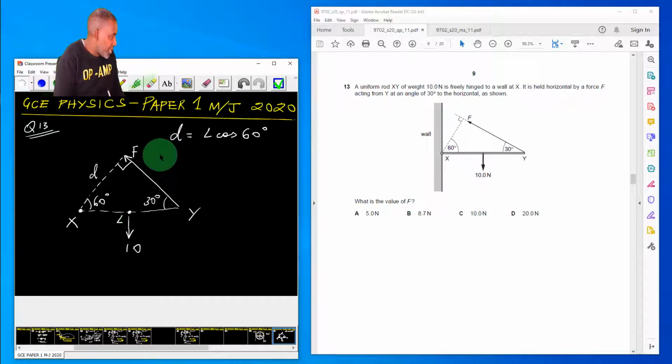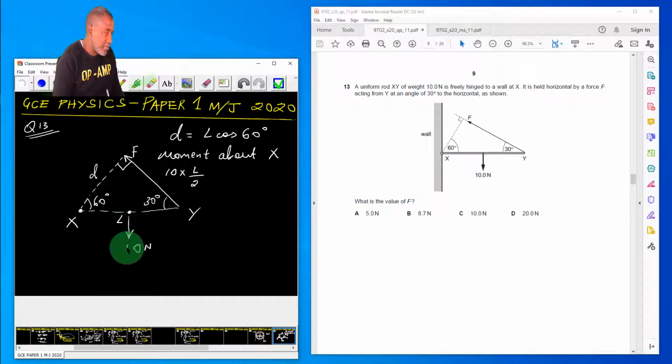So take moment. This one is important that you tell us you are taking moment about point X. The 10 Newton force tends to turn the system clockwise about point X. So you're going to have 10 times L divided by 2.